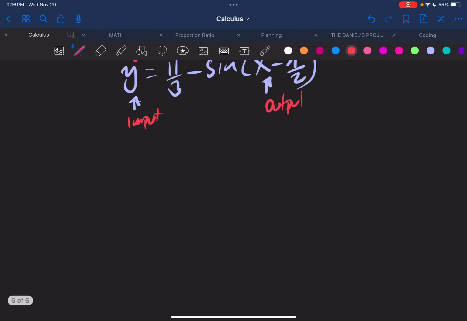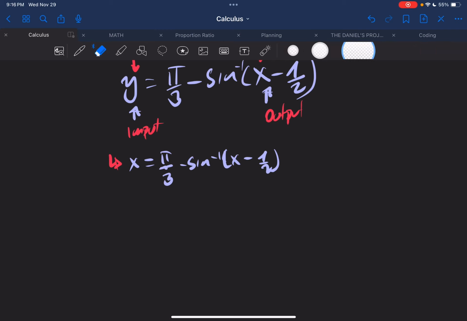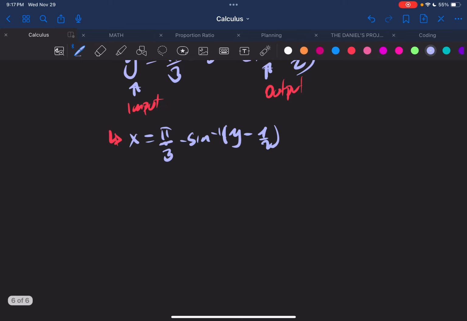So I'm going to rewrite this way. I'm going to say x is equal to pi over 3 minus sine inverse of y minus 1/2. Sorry, I just made a mistake again. So y minus 1/2, because I'm switching those two. I'm now trying to solve for y. So once again, I can bring pi over 3 to the other side.